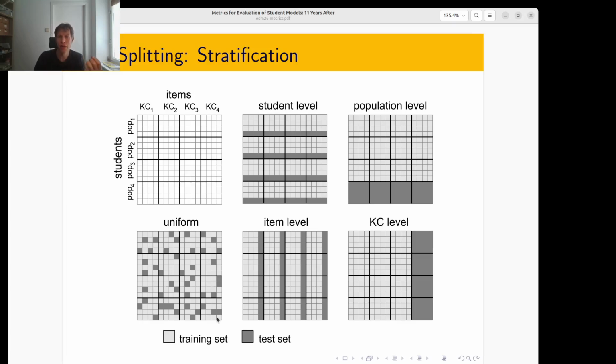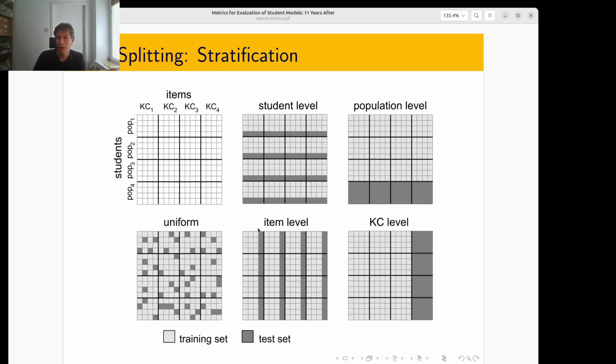For example, we can care about generalization of the model to new students or new student populations. In this case, we may use student-level stratification, where some students are completely in the training set and some students are completely in the test set. Or some student subpopulation is completely in the test set.